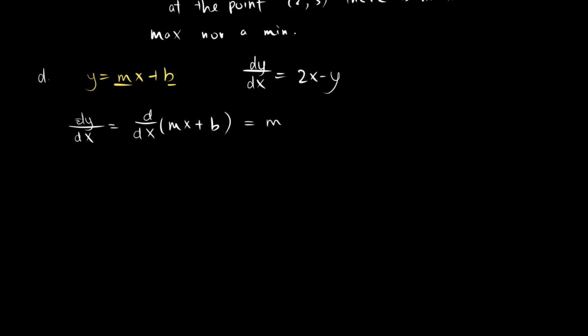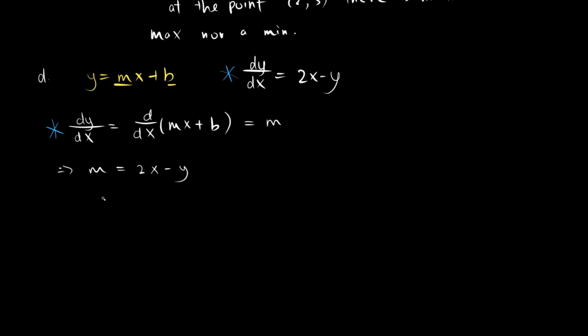Now, take a look at these two equations here. We have dy dx is equal to all of this, which is equal to m, and dy dx is equal to 2x minus y. So what we can do is we can substitute for dy dx and set them equal to each other. So m is equal to 2x minus y. Now, because the question wants the answer in the form y equals mx plus b, let's rearrange this equation we have into this format.